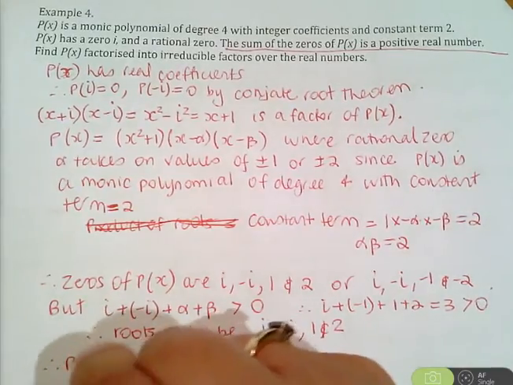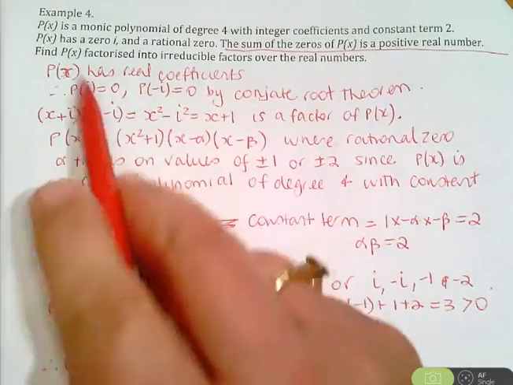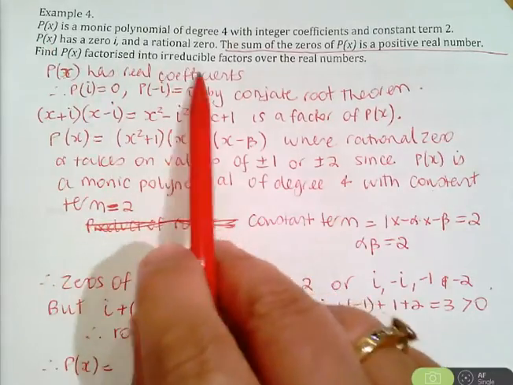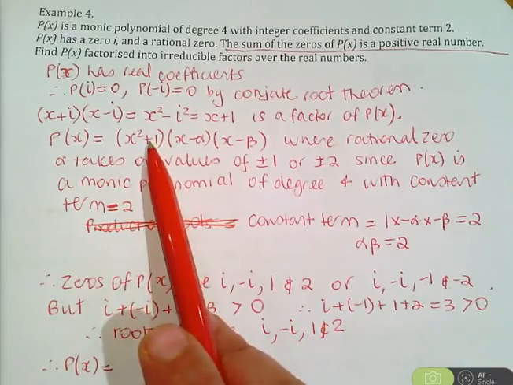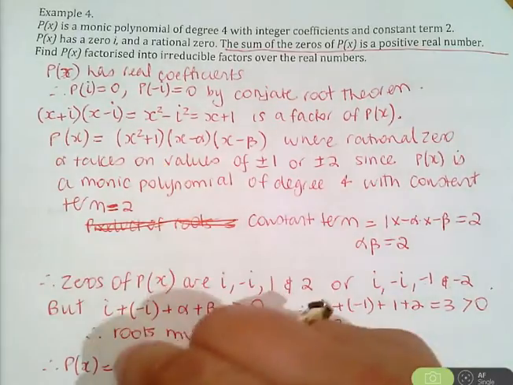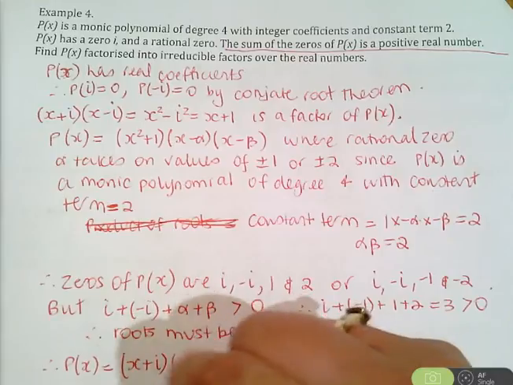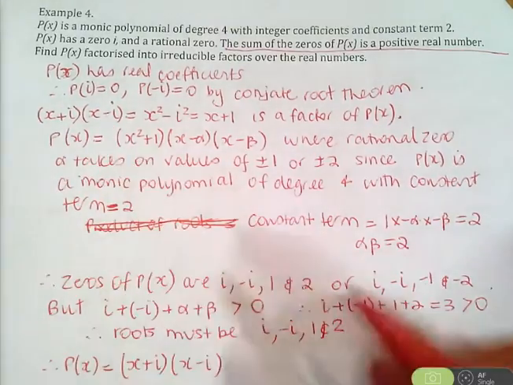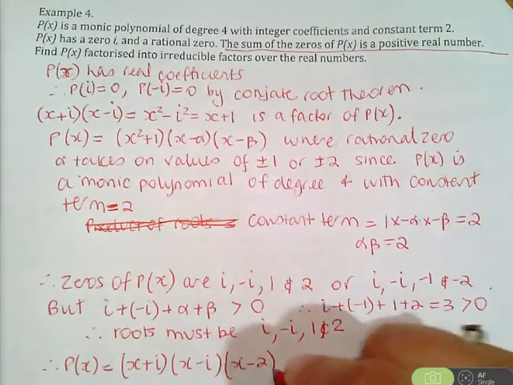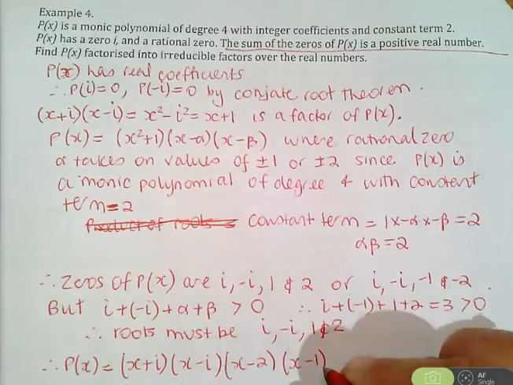So therefore our polynomial in x, if we write it in factorized form into irreducible factors, see, x squared plus 1 can be reduced, so that's not an irreducible factor. So the polynomial in x will be x plus i, x minus i, because we know that that's where we got our x squared plus 1 from, and we've got x minus 2 and x minus 1.